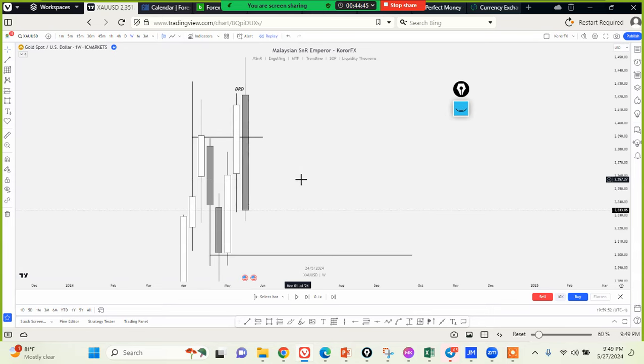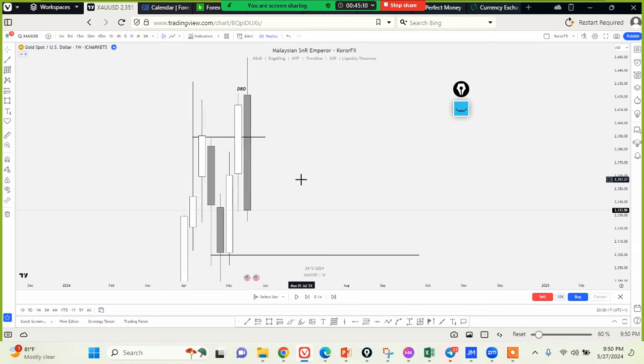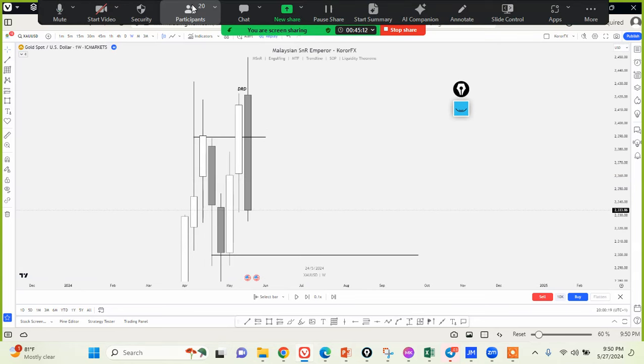Setup. Okay? After the setup, how can I confirm my entry? You need confluences like trend lines, engulfing, many ways, QML or what's called the left shoulder. Yeah, that's the confluence of the entry plus the setup. So, yeah, I think you got the question. You got the answer right now.